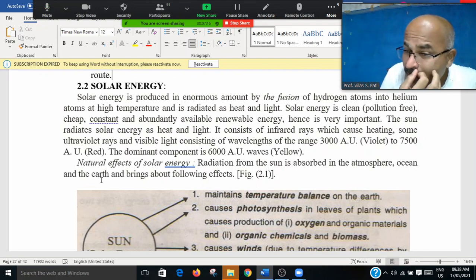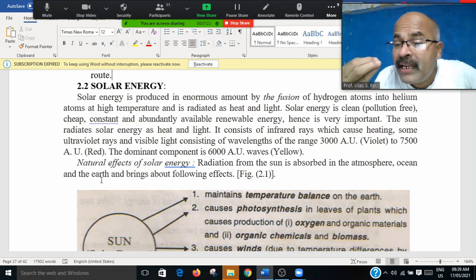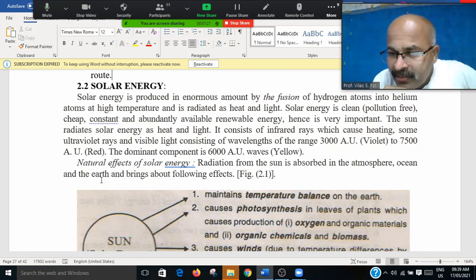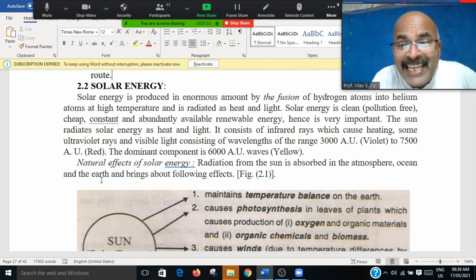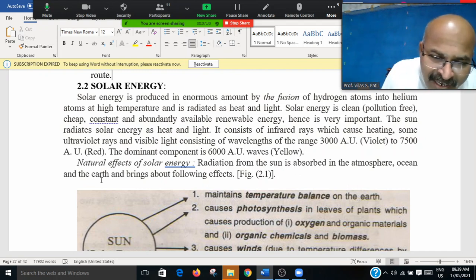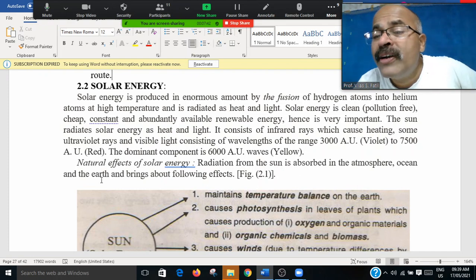Violet to red is the spectrum that will be easily seen by the human being. Above 7500, we can't see. That is, ultraviolet ray as well as the infrared cannot be easily seen by the human being.